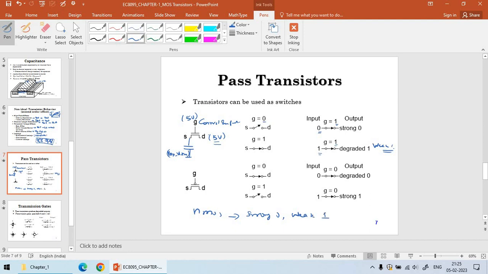Weak 1 in the sense the voltage level is going to be reduced. When you go to PMOS, it is going to be weak 0, strong 1. That is what pass transistor logic is, where the transistor is considered to be acting as a switch.